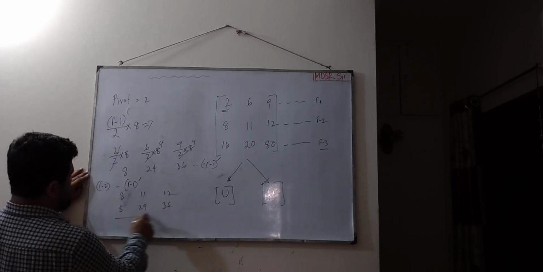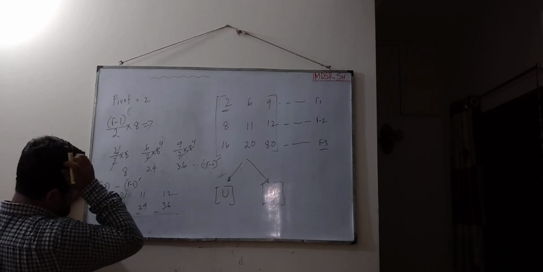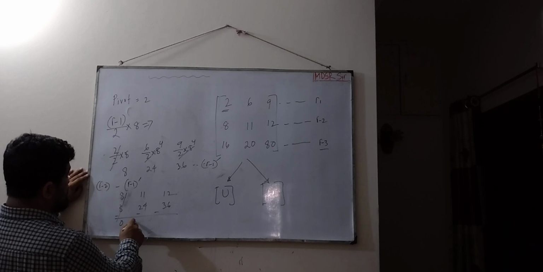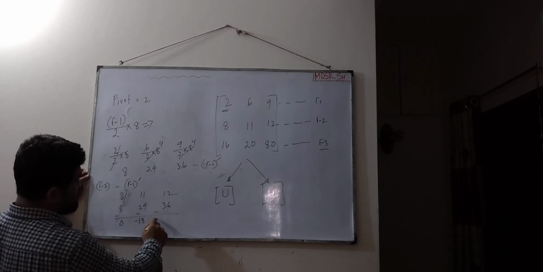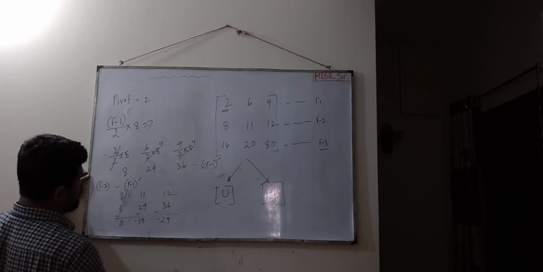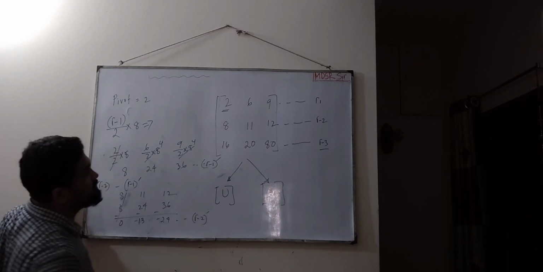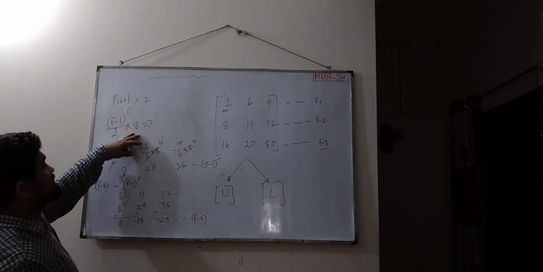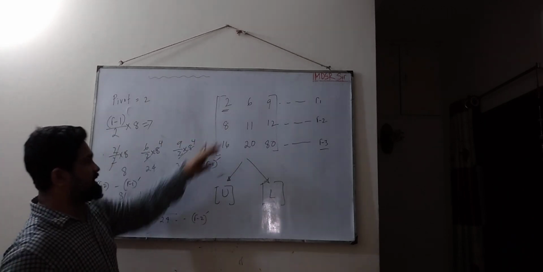If we subtract, this one becomes 0, 11 minus 24 becomes minus 13, and this one becomes minus 24. This is row 2 prime.